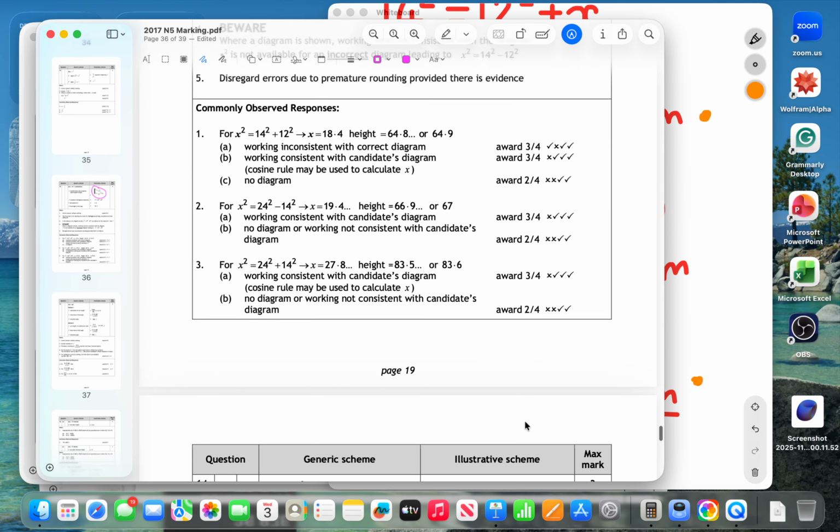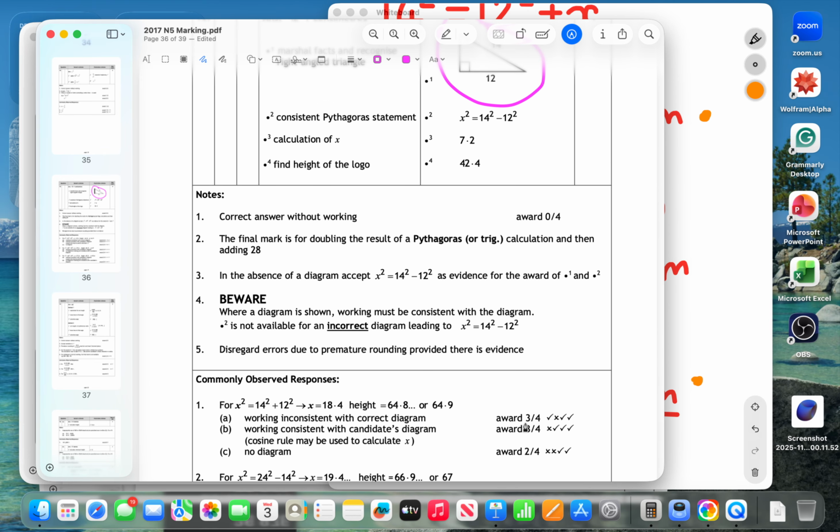And here are the common mistakes that many pupils made. If you got the wrong sketch and you somehow got the correct method for Pythagoras, then they would deduct another mark.